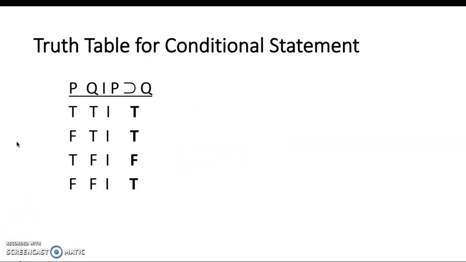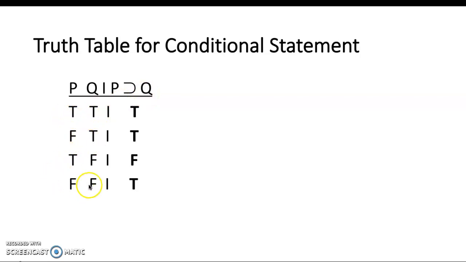And that is exactly what is represented in this truth table. The only time that a conditional statement is false is under the conditions that the antecedent is true, here P, and the consequent is false. And that's what we have here. These are the truth conditions that indicate that the antecedent does not entail the consequent.